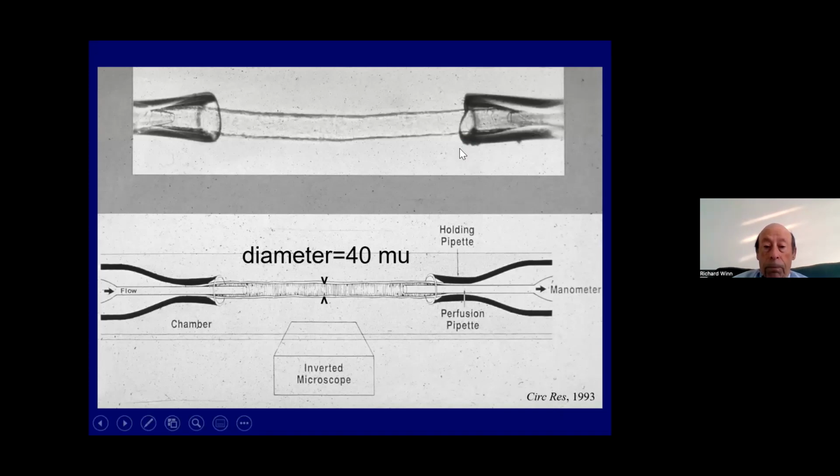We have two pipettes, and here's the cartoon. It's about 40 micron in diameter. You would be able to alter flow. You can alter external diameter. You can alter the composition of the extra at the abluminal and intraluminal concentrations.